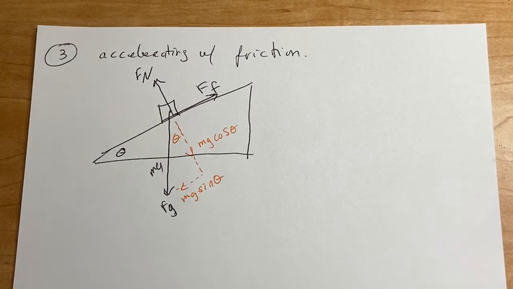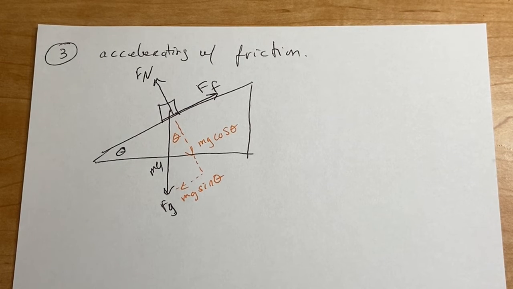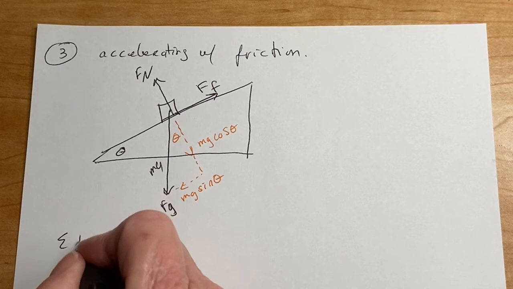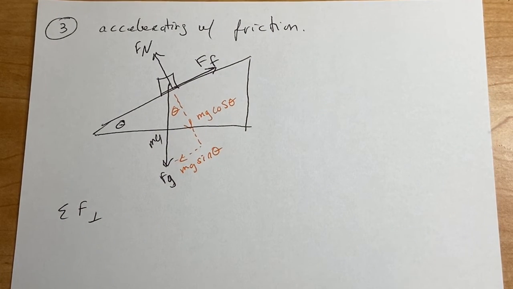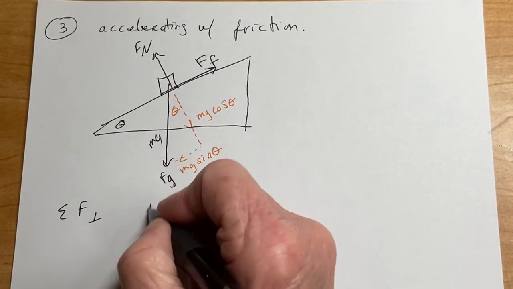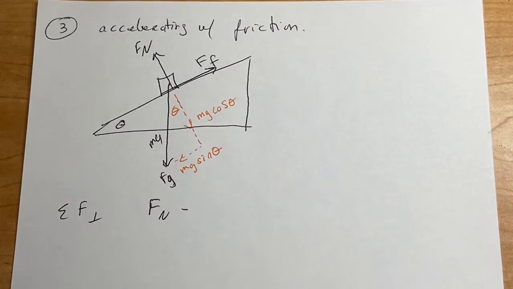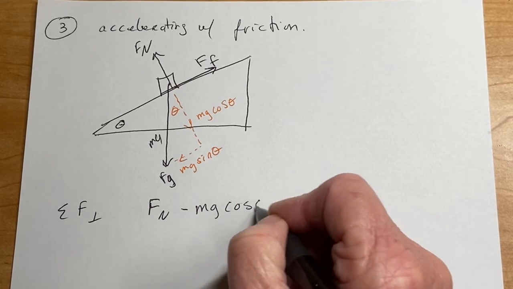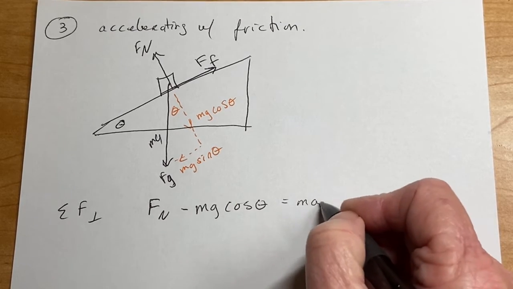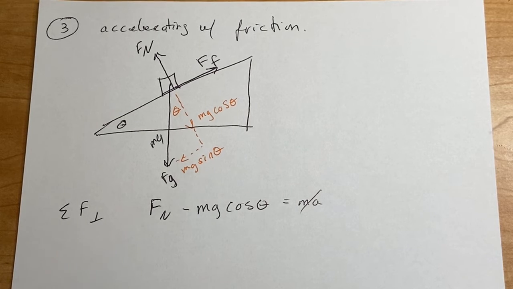Let's talk summations of F perpendicular. We have F normal minus mg cosine theta equals ma. You're starting to see a pattern. That's going to be 0 because it's not jumping off the incline.